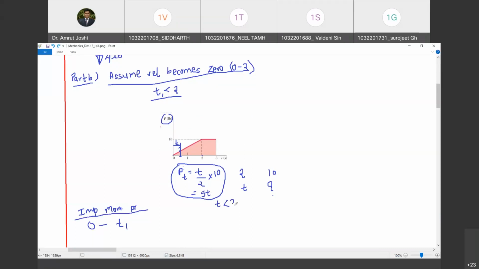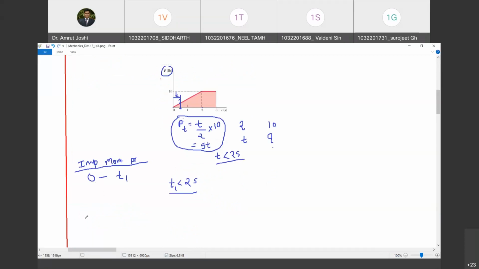Is t1 less than 2 seconds? Yes, that's what we have assumed. So at any time between 0 to t1, what will be the value of P(t)? Can I say it is 5t?